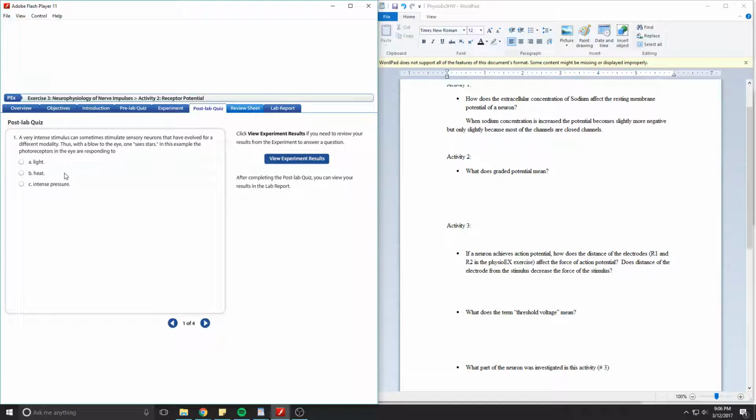So let's go through these questions. See what we want. A very intense stimulus can sometimes stimulate sensory neurons that have evolved for a different modality. Thus, with a blow to the eye, one sees stars. In this example, the photoreceptors in the eye are responding to intense pressure.